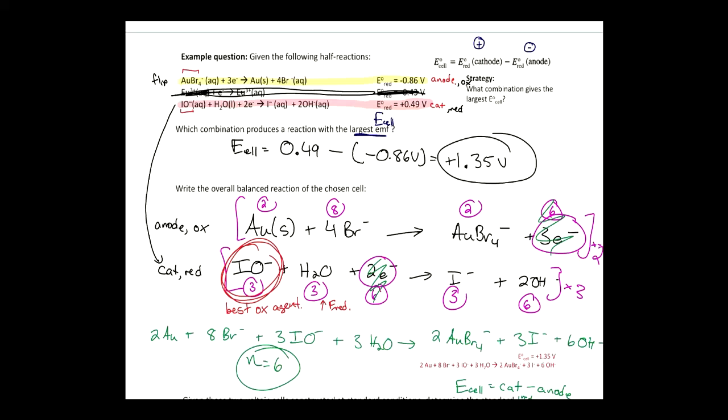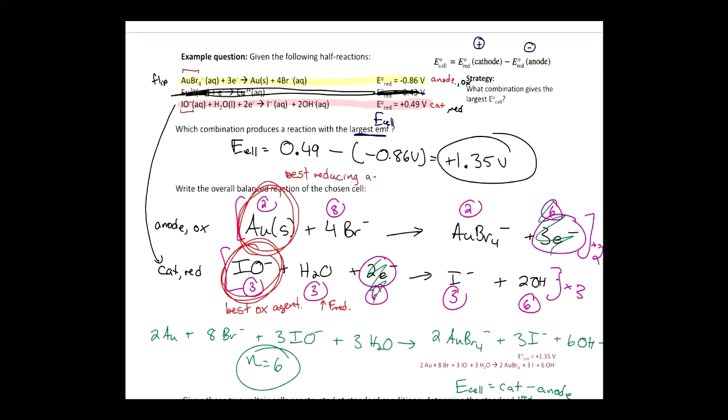All right, so let's translate that to the other reaction that we chose, the reaction that's happening at our anode. That would make this gold compound, because that's what's changing its oxidation number in this reaction, the best reducing agent because it is being oxidized in this reaction.